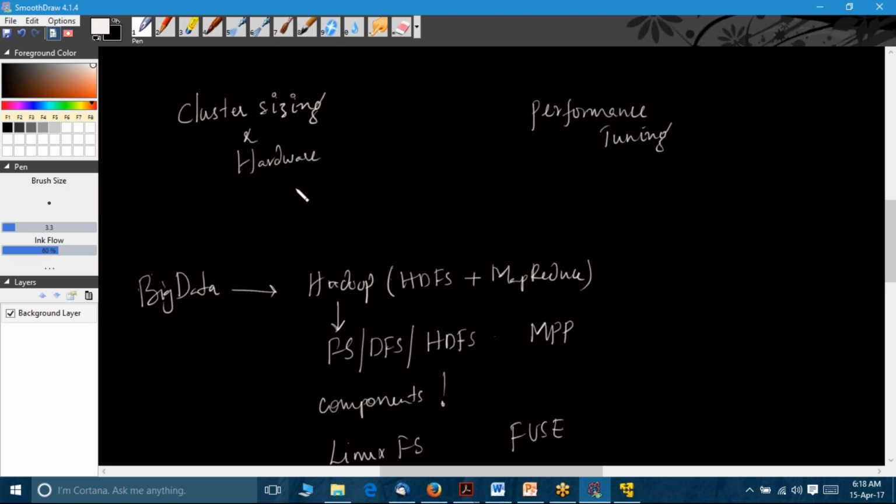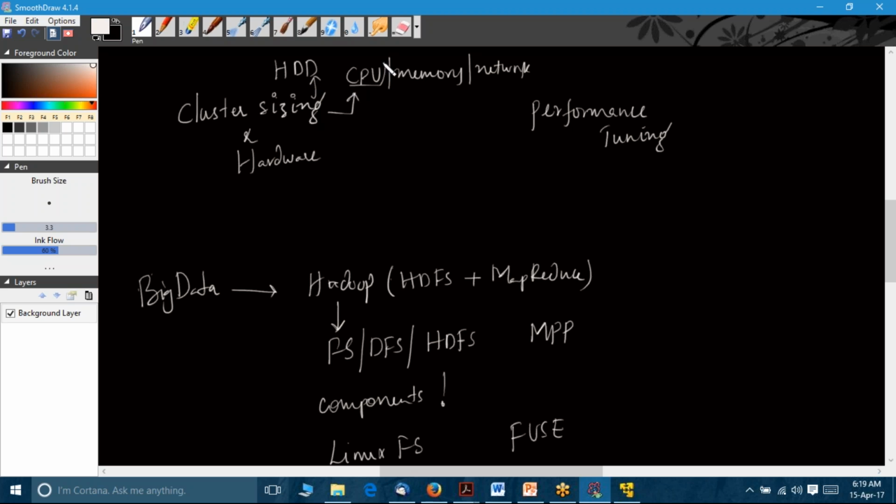In terms of size, we are talking about CPU, memory, network, and more specifically, storage.